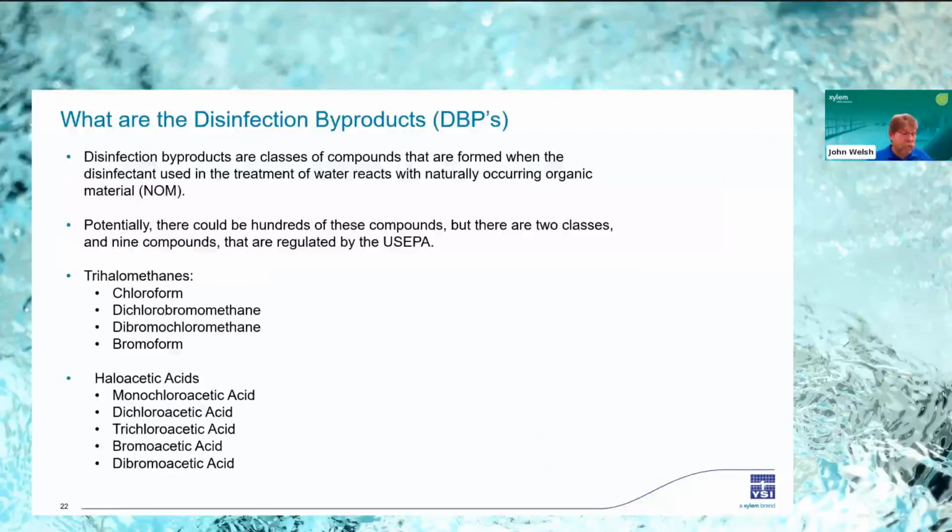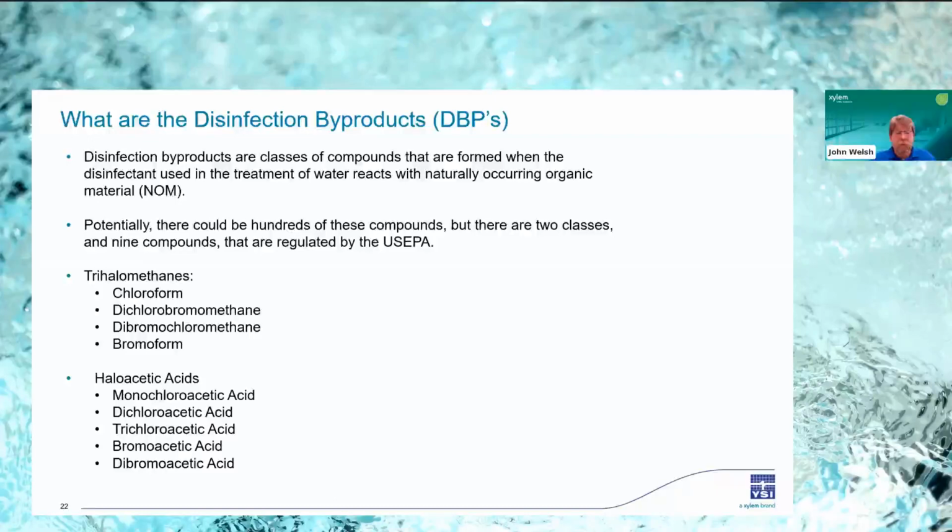But for our discussion today, what does chlorine do when we use it as a disinfectant? One consequence of using chlorine as a disinfectant is that it readily forms what are known as the disinfection byproducts. There are 2 classes and 9 compounds that are of particular interest to the US EPA.